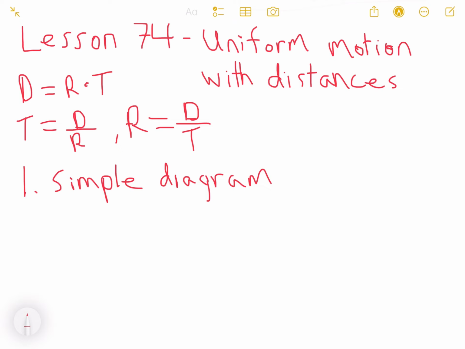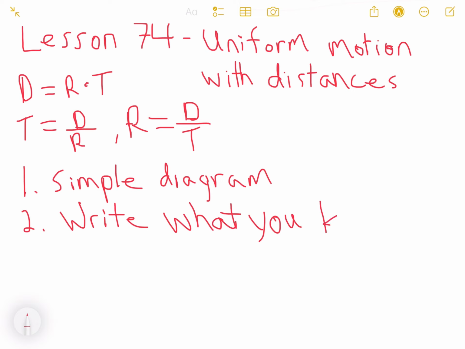And then next, I can just write what I know about each one. So I have something about D, I have something about rate maybe, and I have something that I know maybe about time, okay?